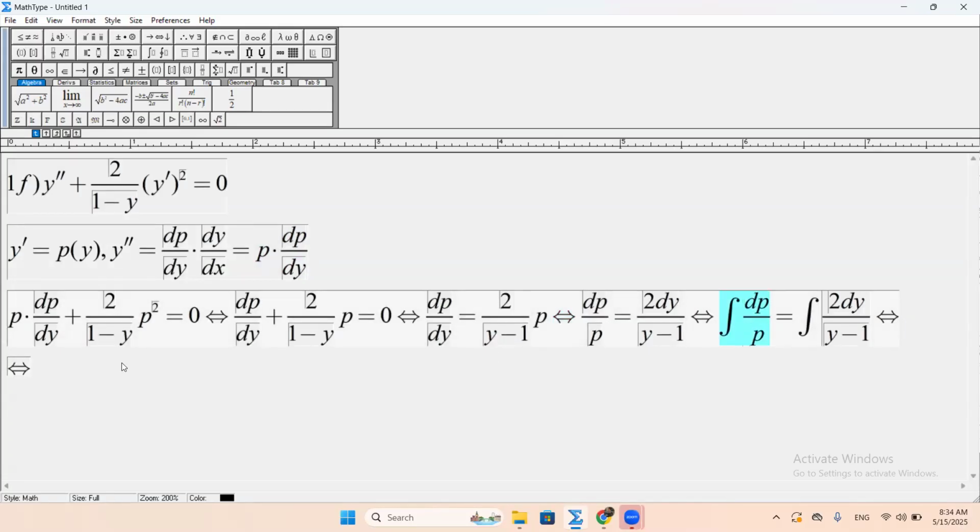So what we'll receive: logarithm of module p equals 2 logarithm of y minus 1 plus logarithm of module c1.